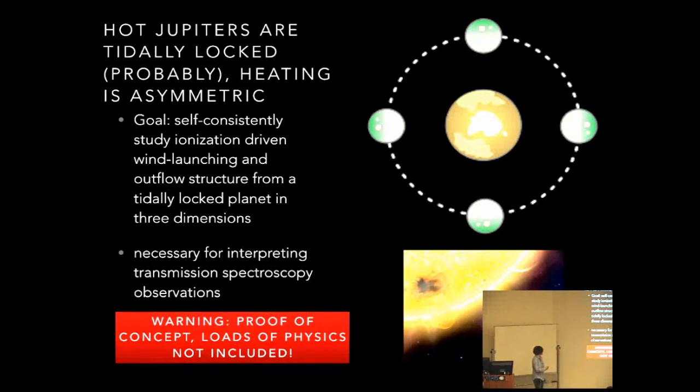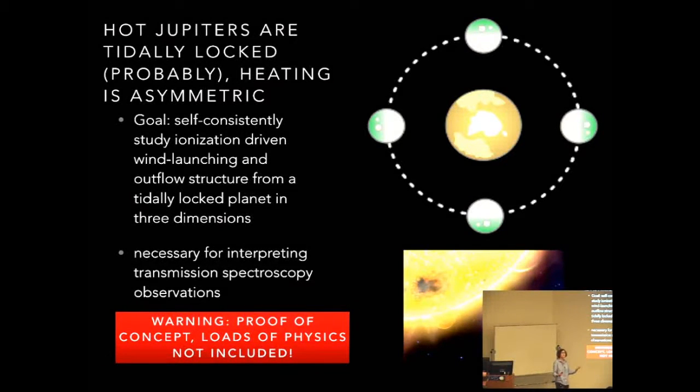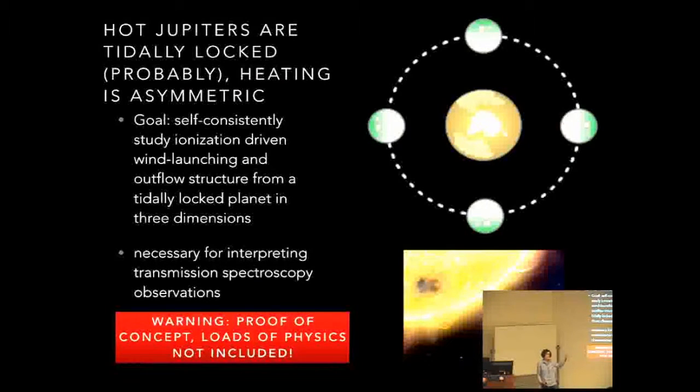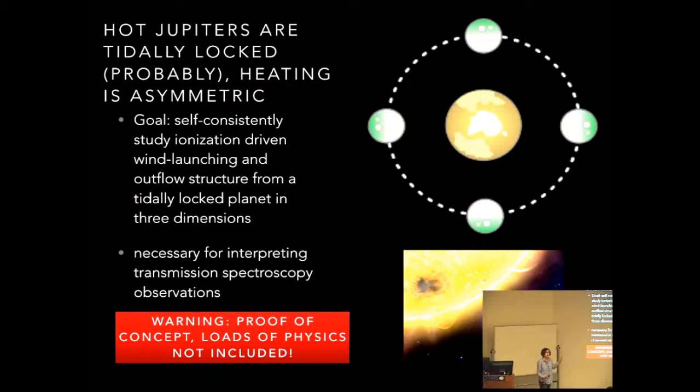And I'll just start out with a big caveat here, which is that the simulations I'm going to show you should really be considered as sort of a proof of concept that you can do three-dimensional hydrodynamic simulations of mass loss. And the thing we're emphasizing here is self-consistent heating by photoionization and launching of the wind. So there's a lot of physics that's not included in these simulations, things like magnetic fields, the stellar wind, charge exchange, and all of these processes are going to be really fundamental to understanding the details of these observations.